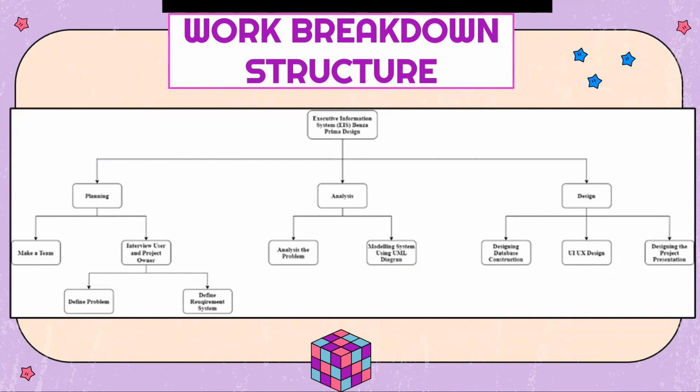The first process is planning. In this planning process, a team is created to create the project, and then the team conducts interviews with the user and project owner. And next is the analysis process. In the analysis process, after the problem is obtained, an analysis of the problem and analysis of the database is carried out.